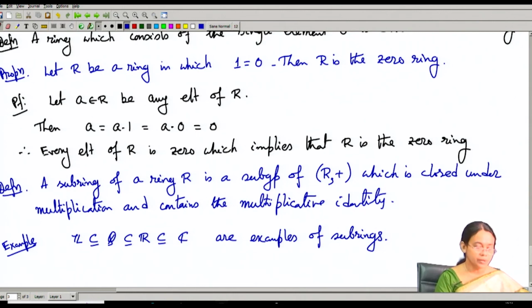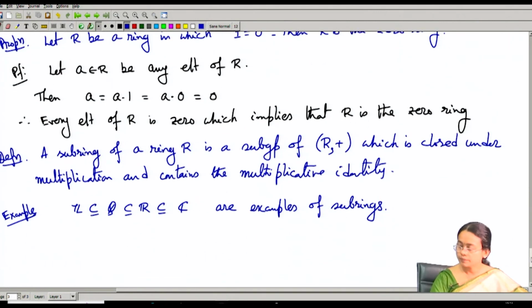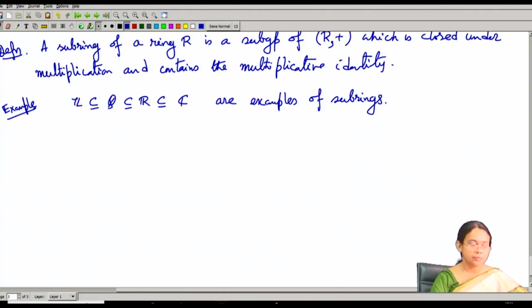Next I will define what is a unit element.